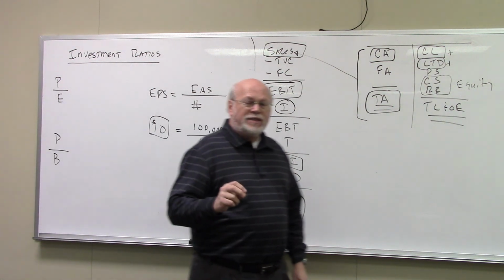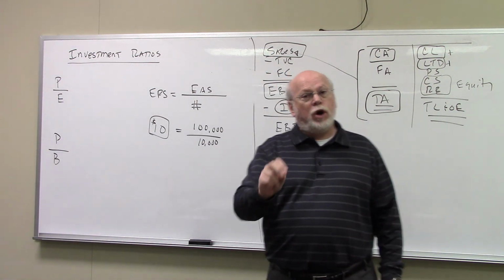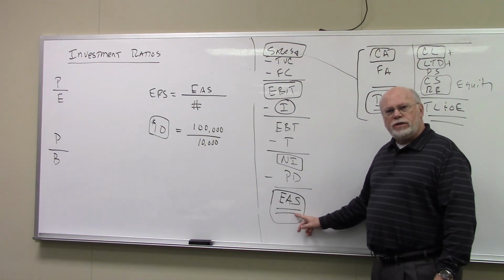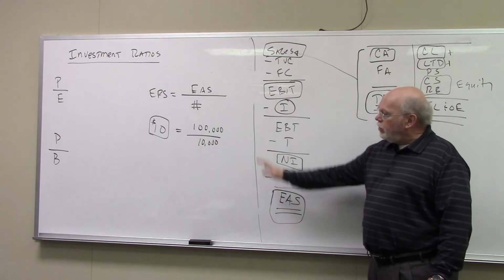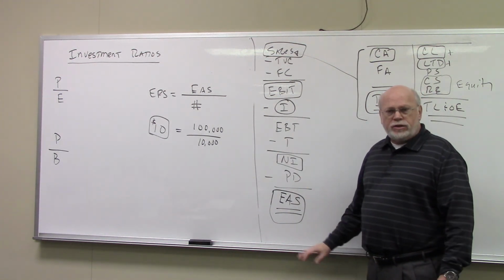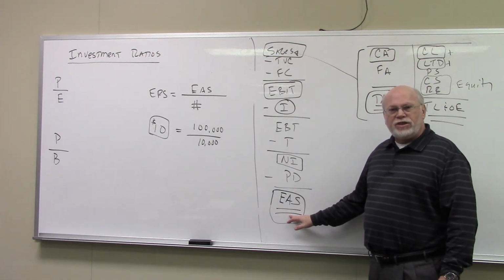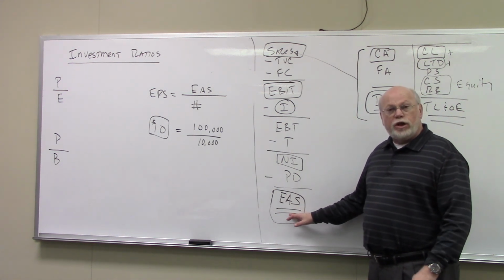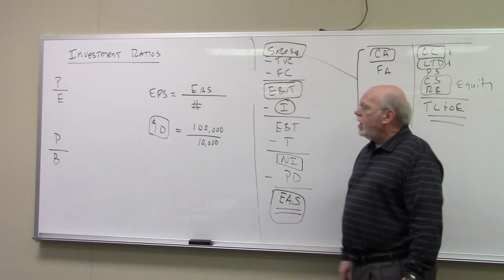Literally what that means is that for every share that you own, you're entitled to $10 of the earnings available to the shareholder. So if you own 10 shares, $100 of the $100,000 belongs to you. That's earnings per share, and that's what it means.